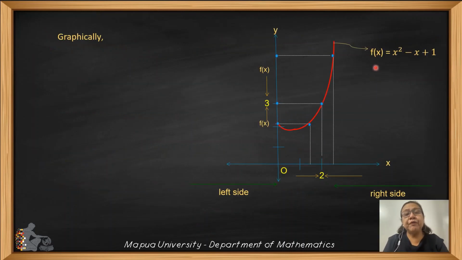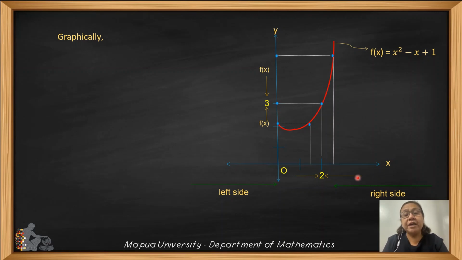The limit of a function f of x as x approaches a can be investigated graphically by observing how the points on the curve would be moving as x approaches a. So for our function, the curve of which is given by the red curve, we take note that at x equal to 2, the point on the curve correspondingly has f of x value of 3.